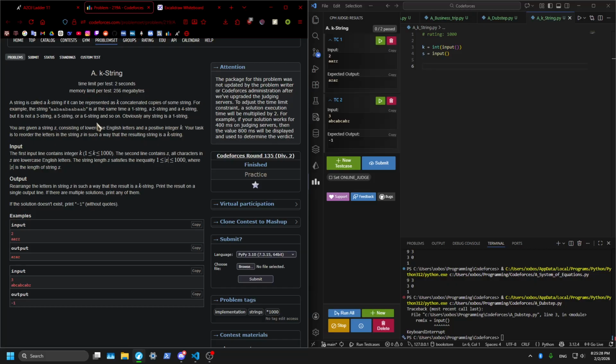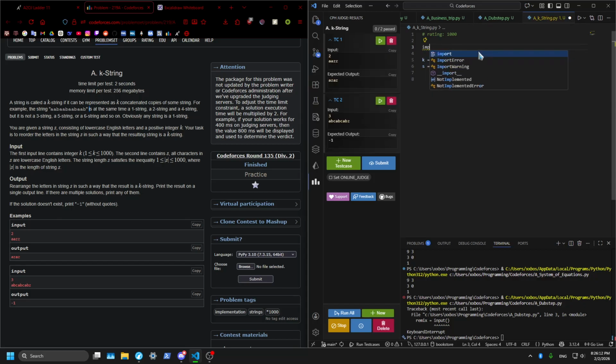So 2, 4. So here's my thinking. It's that all of the counts of the letters need to be divided by the map. Needs to be mod 0 by, okay, you take the most letters and then mod 0 the least letters.